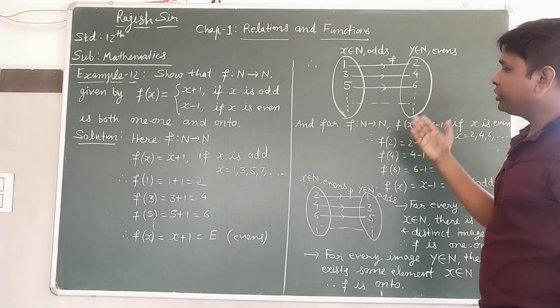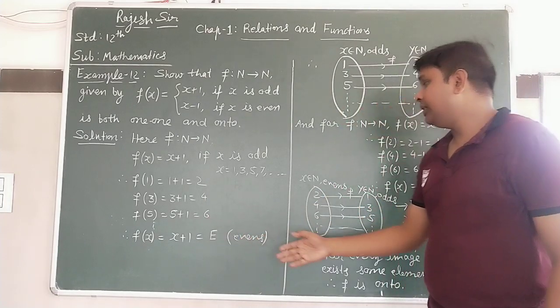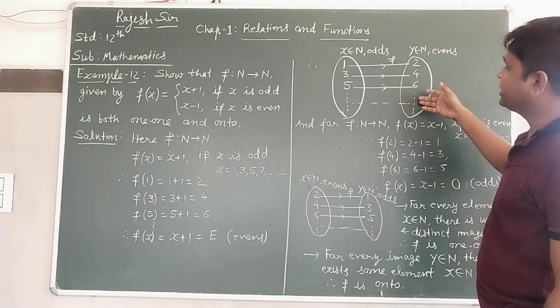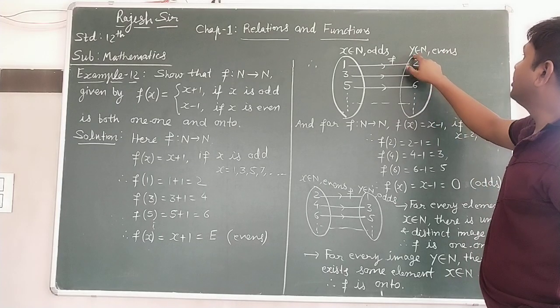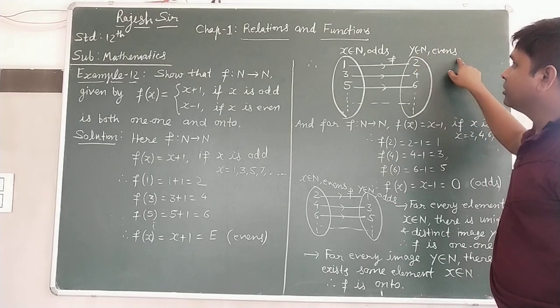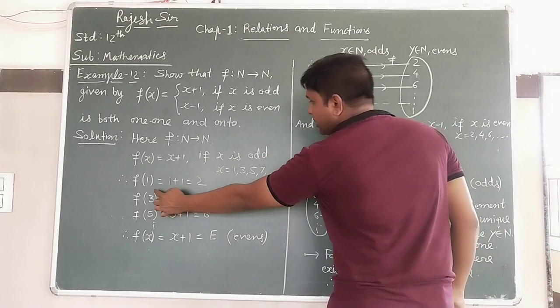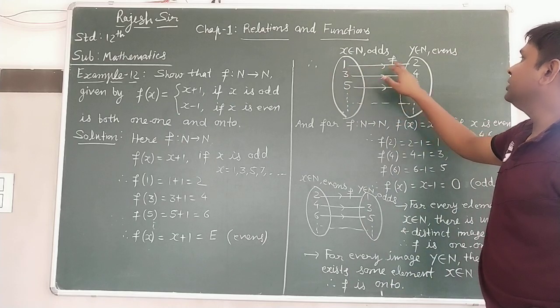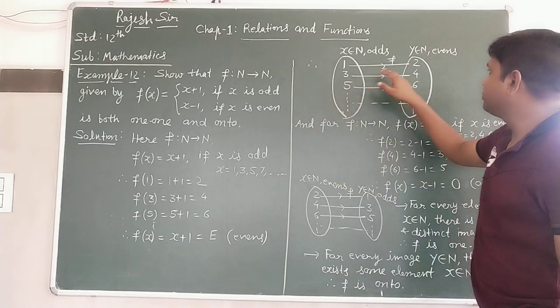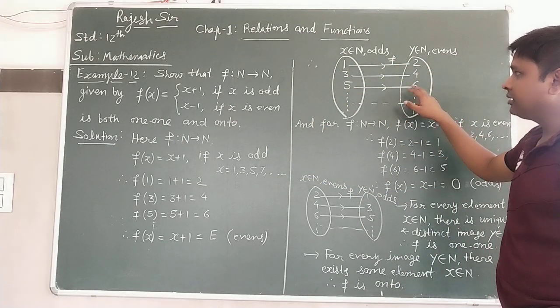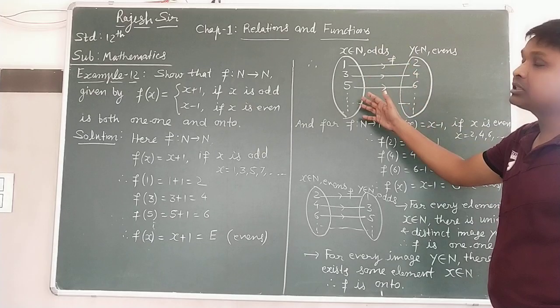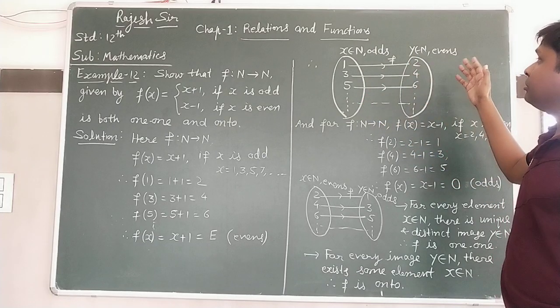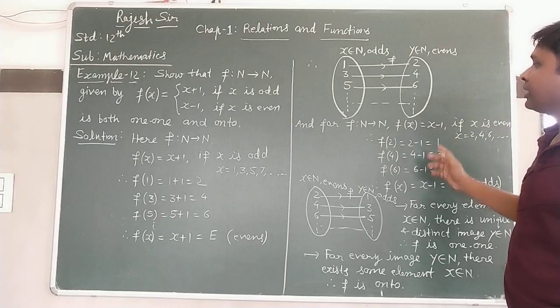In the codomain what we are getting is 2, 4, 6, all evens. As we have seen in this function, for 1 the image is 2, for 3 the image is 4, for 5 the image is 6, and so on. For all odds we get all evens as images.